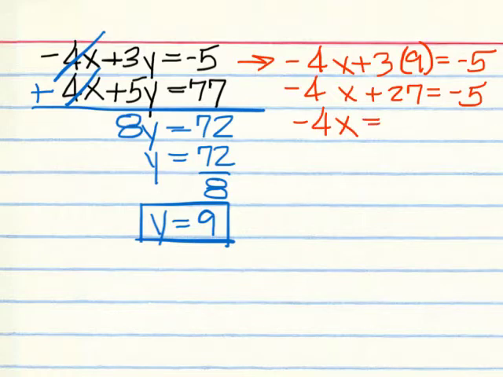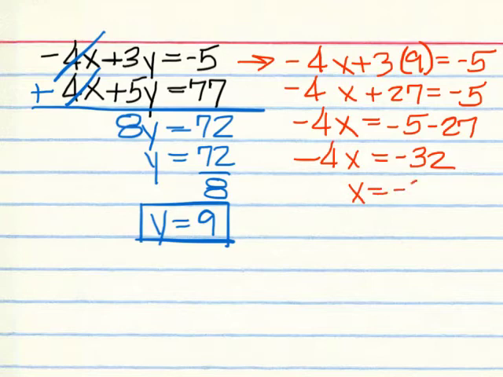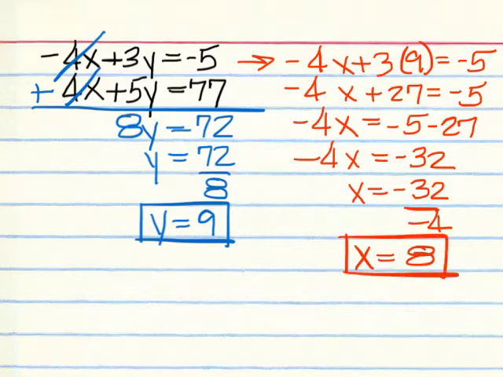I can't line up the equal signs because I don't have enough room on the screen. So it becomes -27. Simplify the right, -32, and divide by -4. That will be an 8 for x. So your final answer is 8, 9.